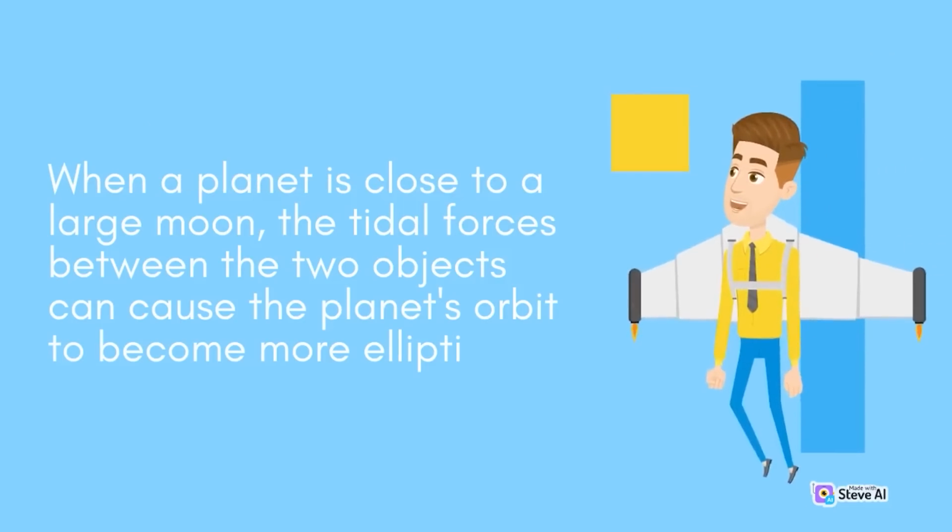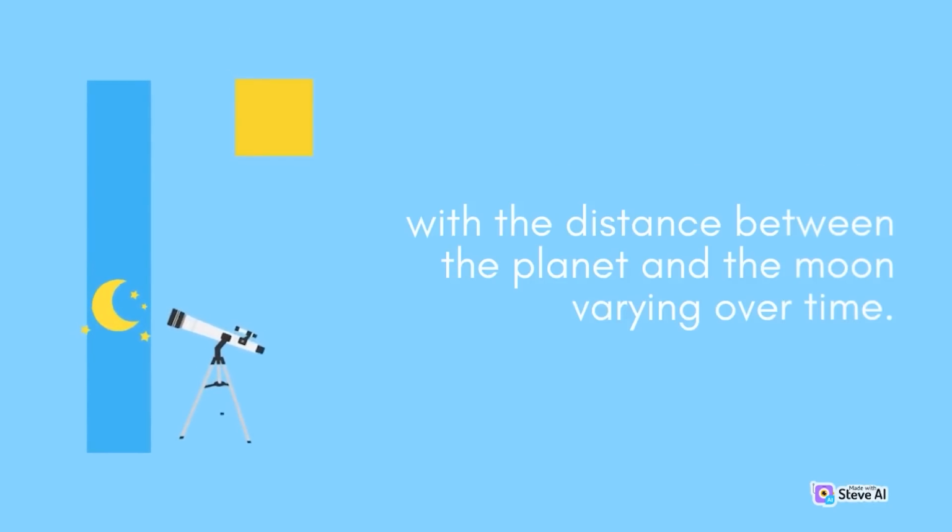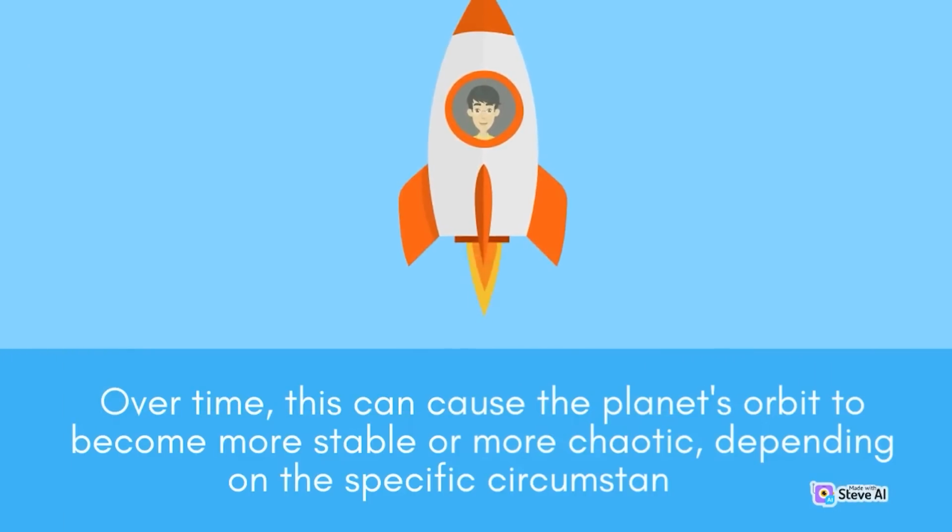When a planet is close to a large moon, the tidal forces between the two objects can cause the planet's orbit to become more elliptical, with the distance between the planet and the moon varying over time. Over time, this can cause the planet's orbit to become more stable or more chaotic, depending on the specific circumstances.